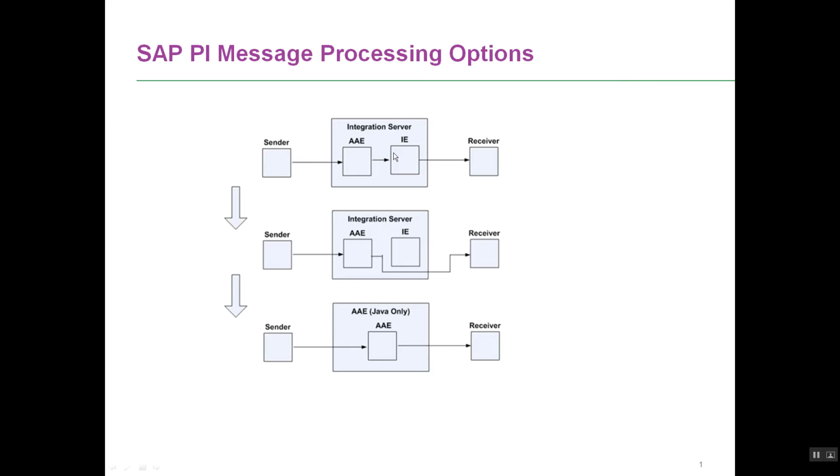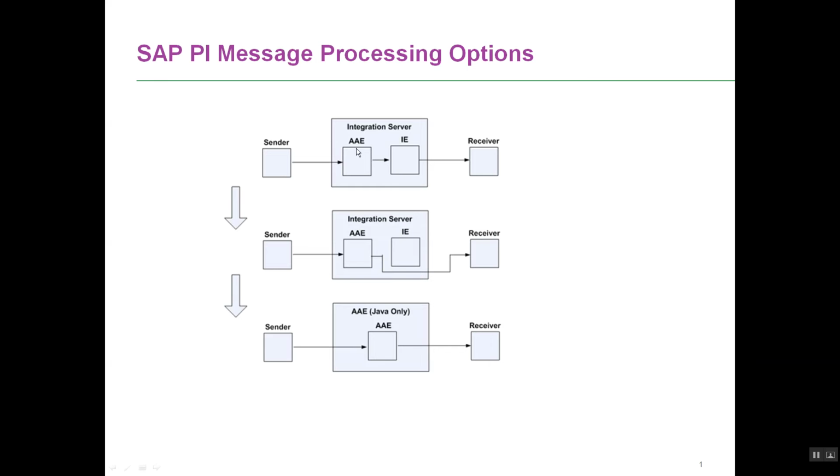If you remember the pipeline of PI, it was receiver determination, message splitting, interface determination, mapping execution, and things like that. So the pipeline was executed in the integration engine, and that is exactly what you used to see when you were doing monitoring in SXMB Moni.